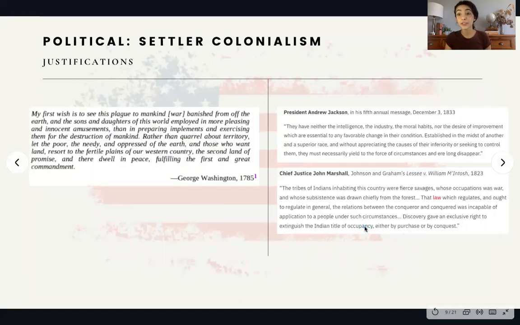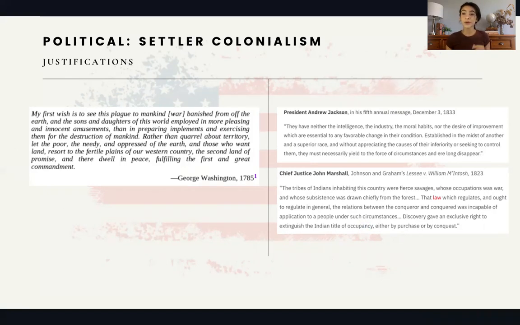So how is this justified? Well, on the left-hand side, I have a quote from George Washington. He's essentially denouncing war, and in response he says, "Rather than quarrel about territory, let the poor, the needy, and oppressed of the earth, and those who want land, resort to the fertile plains of our Western country, the second land of promise, and there dwell in peace, fulfilling the first and great commandment."